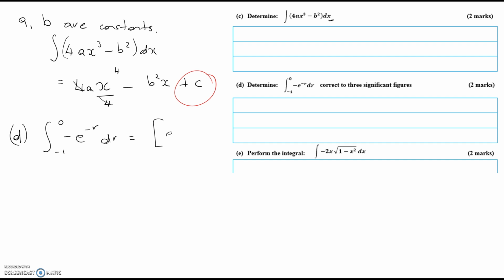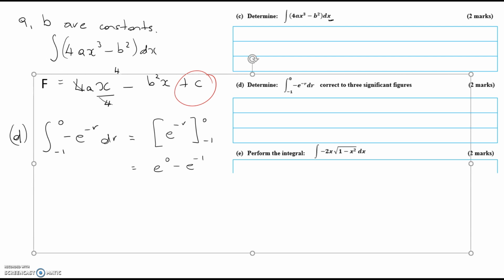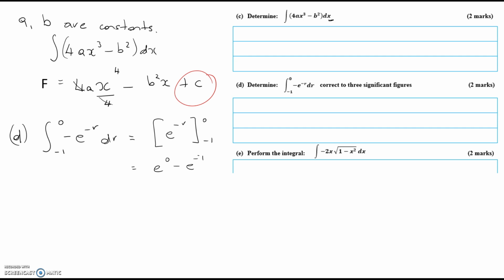So that makes a positive between -1 and 0, so we're going to pop in 0, then we're going to pop in -1, but don't forget it's already negative, so we're going to put -1, so that becomes e to the 0 minus e to the 1, and we're going to get some number on our calculators, I don't know, -1.72.